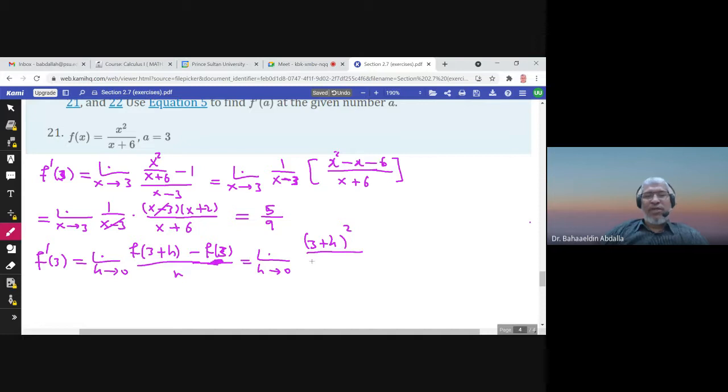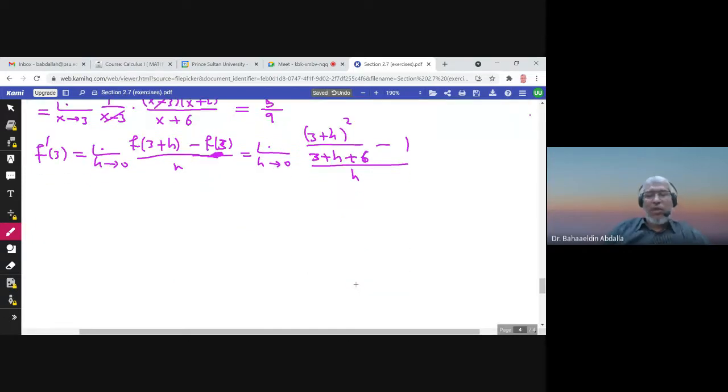I replace x by 3 plus h. And f of 3, we have found that f of 3 is 1, over h. So I will have the limit as h approaches 0. I will write 1 over h outside like this. And I'll add these two fractions. I have 3 plus 6, that's 9, plus h.